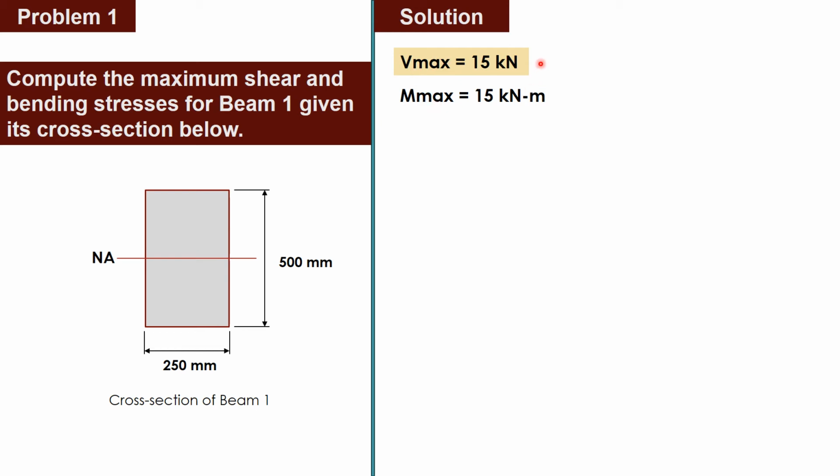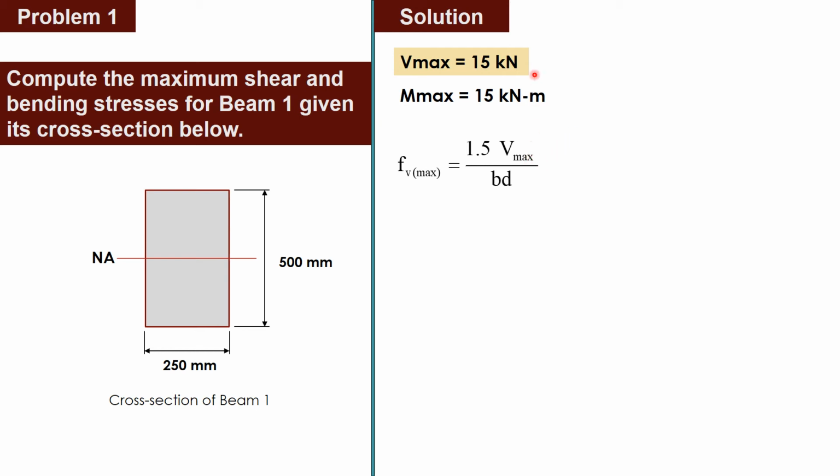But let us first solve the maximum shear stress. Since this is rectangular, we can use the formula we derived. I used this first instead of the general formula so we can see that this is a shorter way of solving the maximum shear stress for a rectangular section.